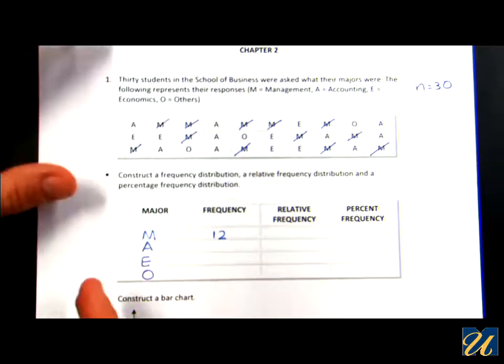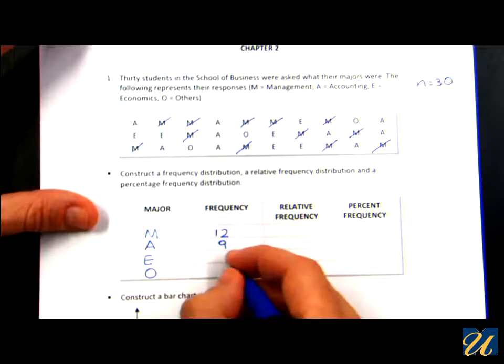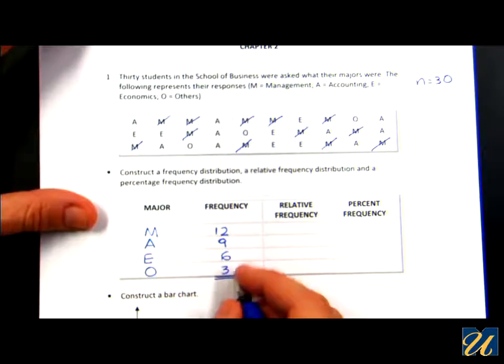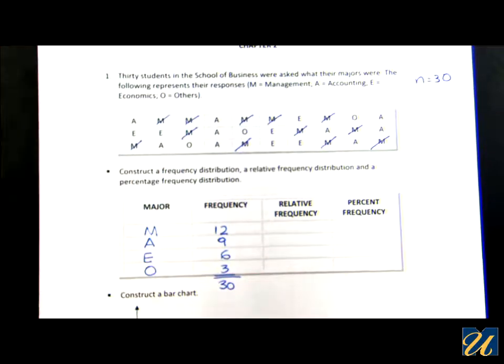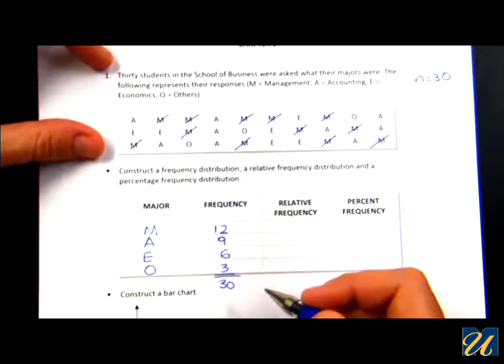And you're going to do that for each category. 12, 9, 6, and 3 for others. So make sure that you add them, that this is 30. That means that you took into account every single entry. Relative frequency is class frequency over the total number.